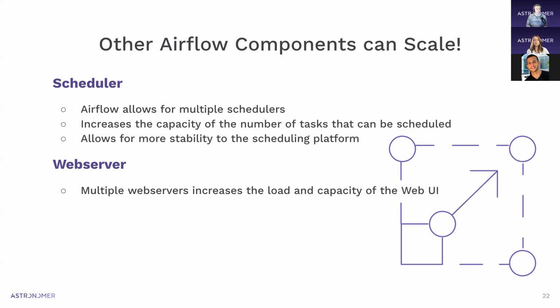And it adds more stability. If one of your schedulers goes down and you have your other scheduler in a different availability zone, that gives you more stability in your platform, which we talked about in the key takeaways earlier in the presentation. And it's something that's very important, because if you have one scheduler, that is one point at which your Airflow deployment can break and everything stops moving.